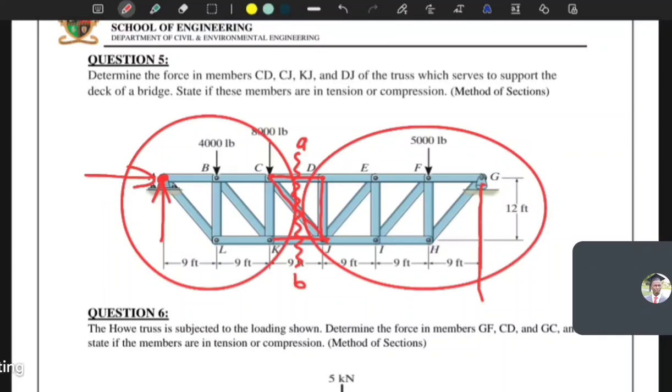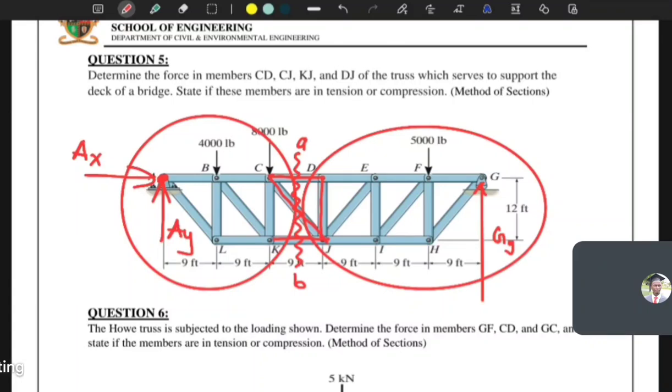If I pick the section to the left, I'll have reaction forces AX at that pin and AY. If I pick the section to my right here, I'll have one reaction force at G going upwards. So I'll say GY. So depending on which section I want to work with, I will need to find the reaction forces at those points.